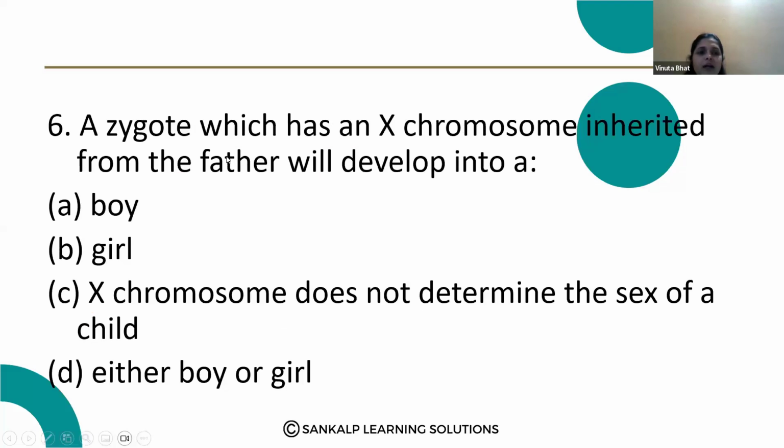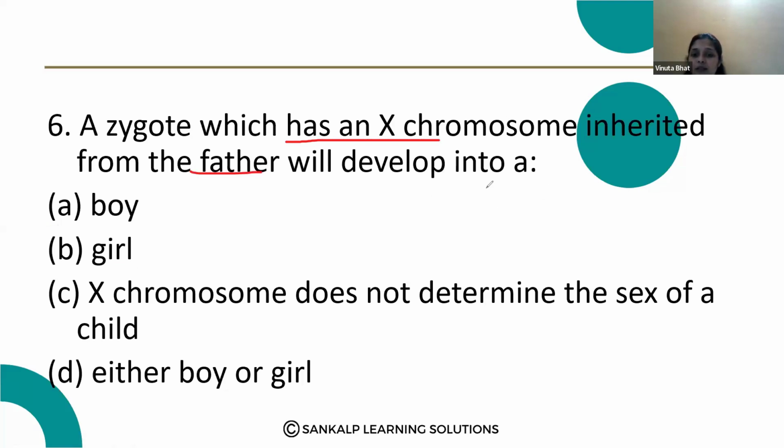Next question. A zygote which has X chromosome inherited from the father will develop into option A boy, option B girl, option C X chromosome does not determine the sex of the child, and option D either boy or girl. Here the zygote has an X chromosome inherited from the father.